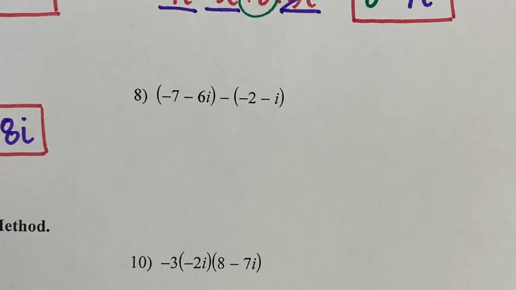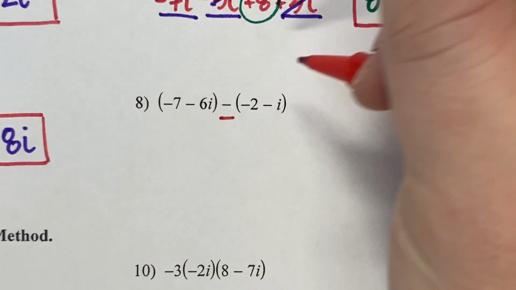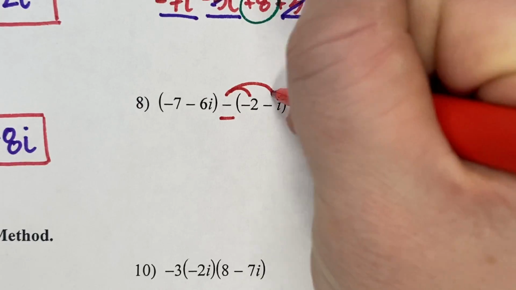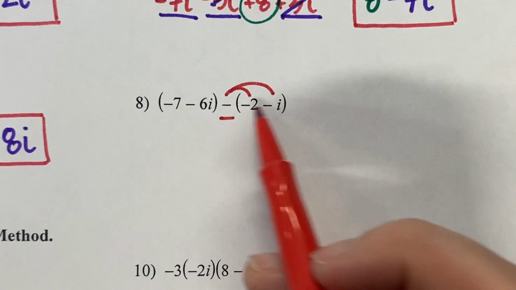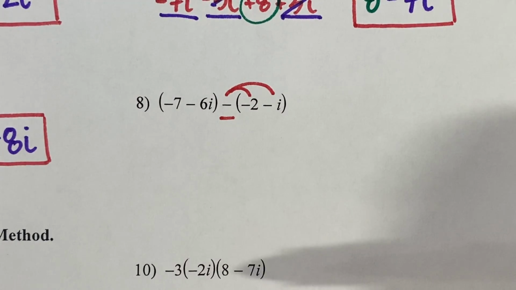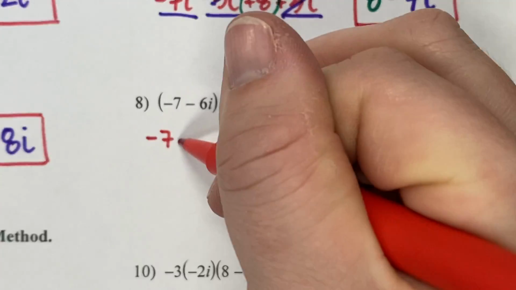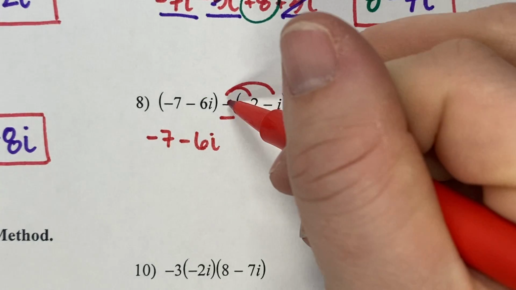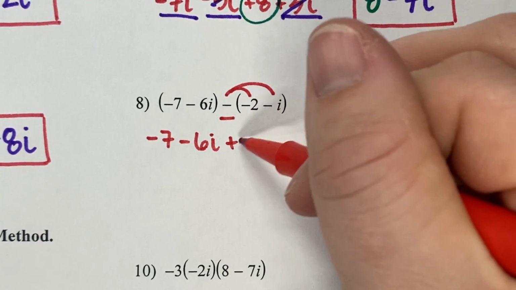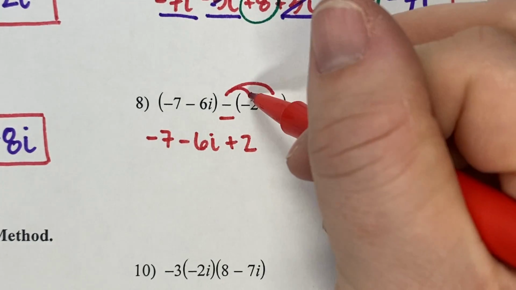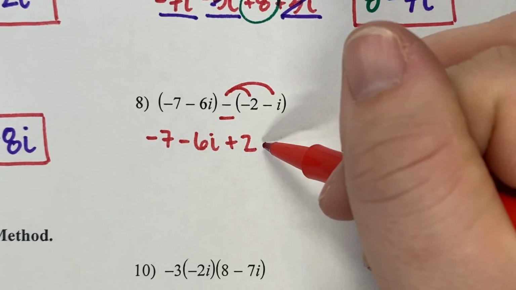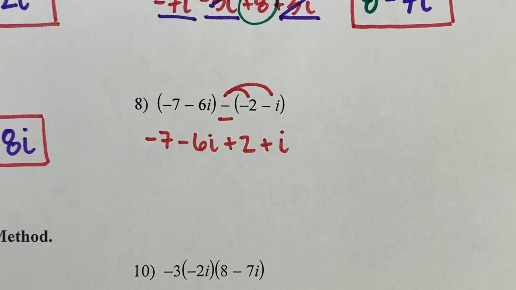And number 8. Okay, again, we see that subtraction sign in the middle. It's going to change those signs because a negative times a negative in both cases changes to a positive. Okay, these guys stay the same, however. Negative 7 minus 6i. Negative 1 times negative 2 is positive 2. Negative 1 times negative 1i, positive 1i.